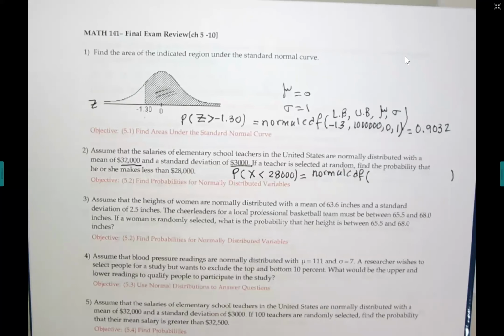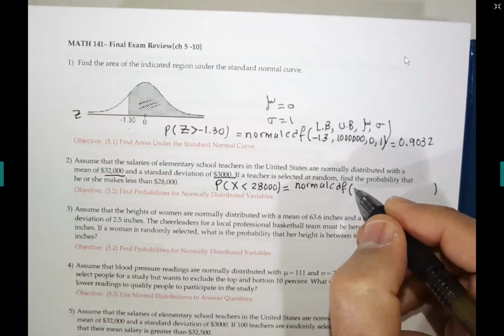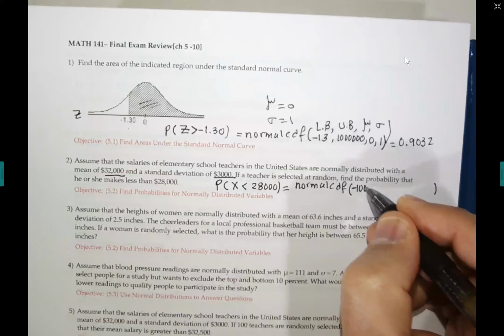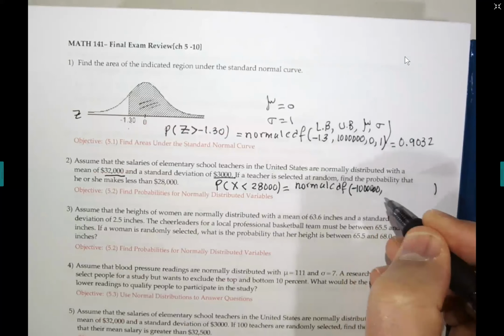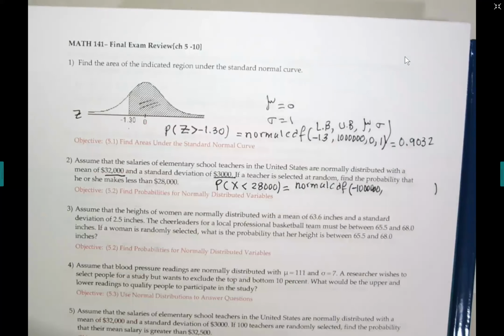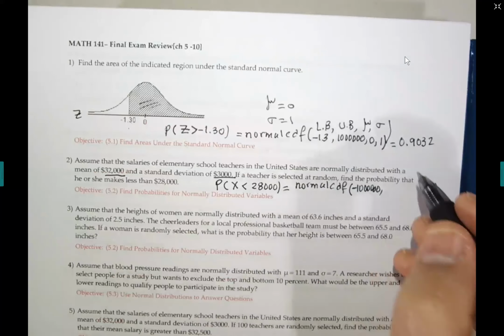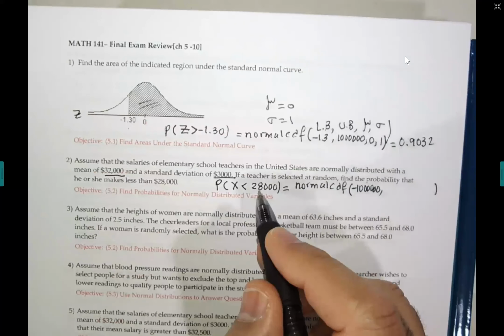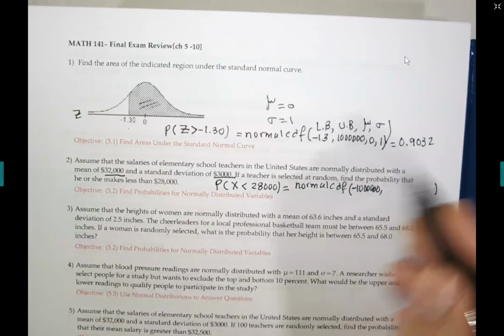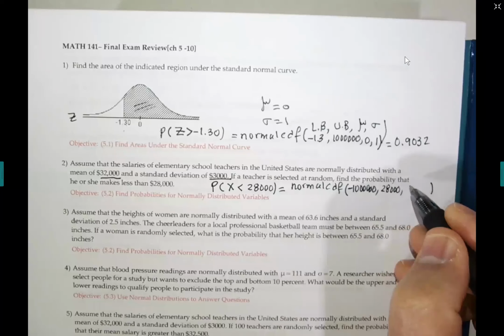When it is a less than, guys, your lower bound should always be a very large negative number. I tell my students to put negative a million, negative a trillion, whatever. Just put as many zeros as you want. Up to 28,000. And then the mean is 32,000. And the standard deviation is 3,000.